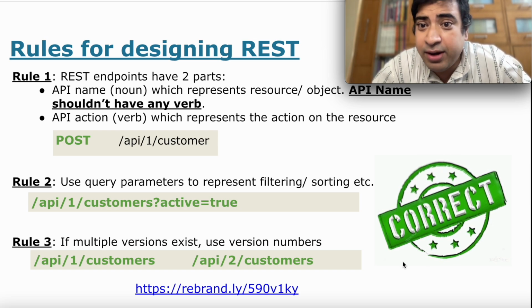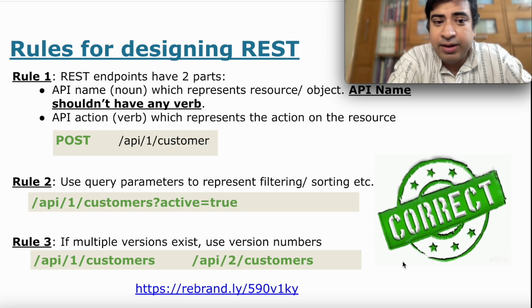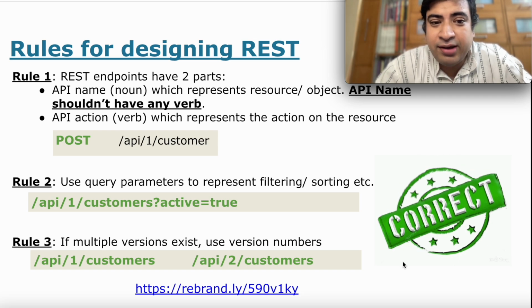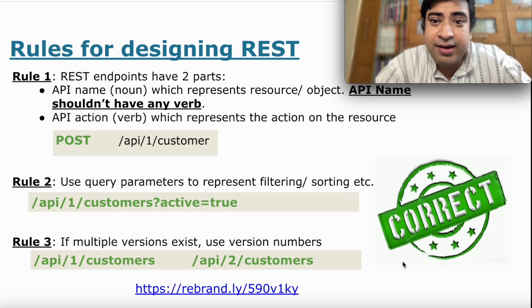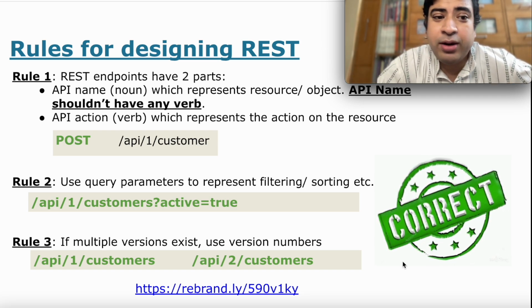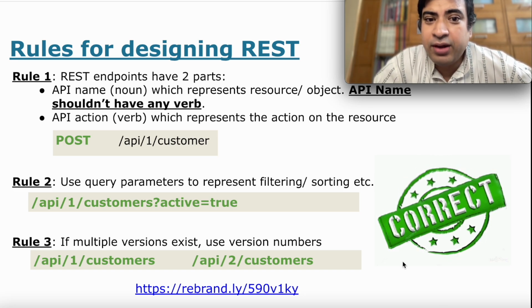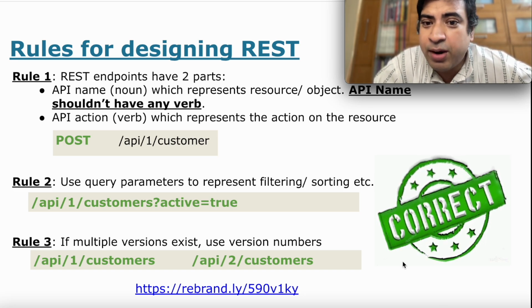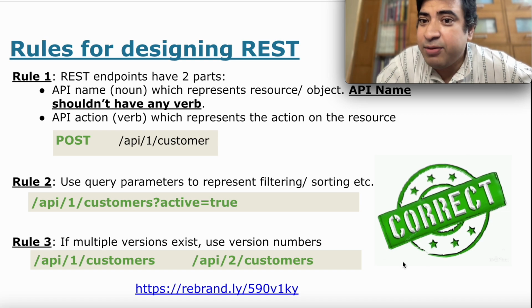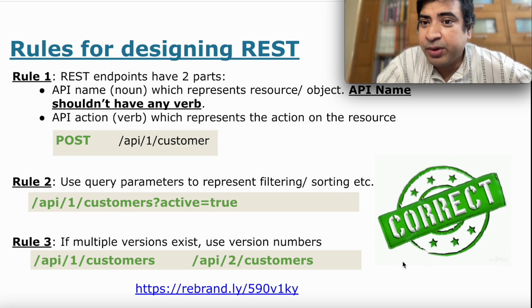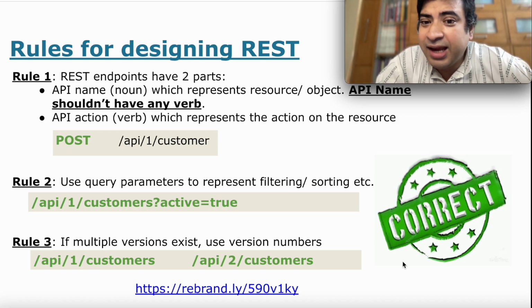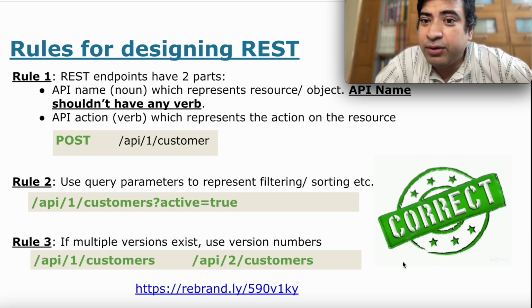One is the actual endpoint itself, which is maybe API/1/customer, and the other part is basically the action on the endpoint. So we can think of the REST endpoint as consisting of two parts. One part is the actual endpoint or the actual resource, and the second part is the action that we want to take on the resource.